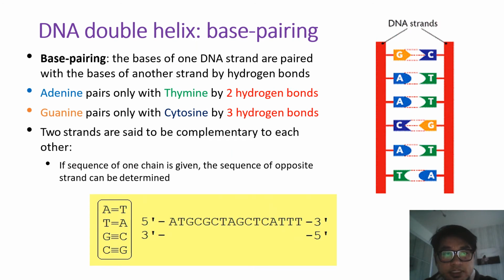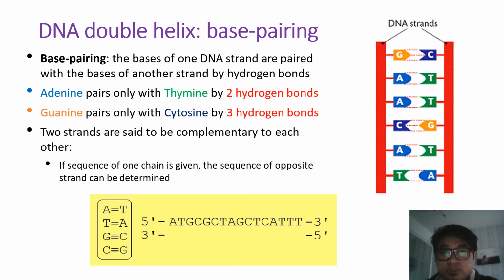Next, the characteristic of the DNA double helix on base pairing. The bases of one DNA strand are paired with the bases of the other strand by hydrogen bonds. Like from the image here, on your right, there are two DNA strands, and in the middle you can see the nitrogenous bases are connected to each other by hydrogen bonds.